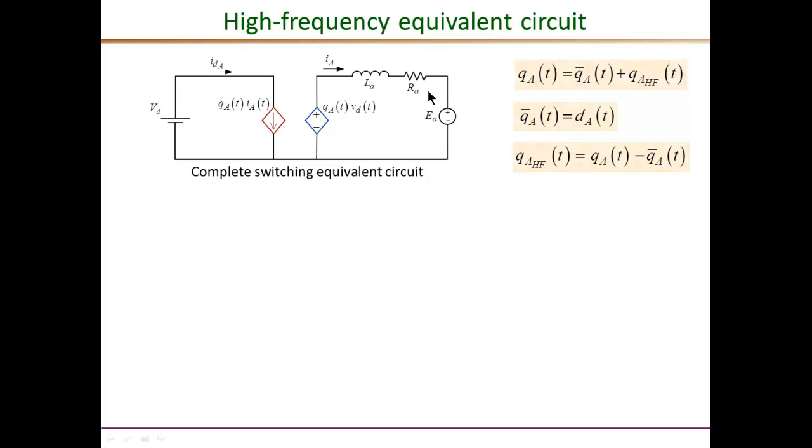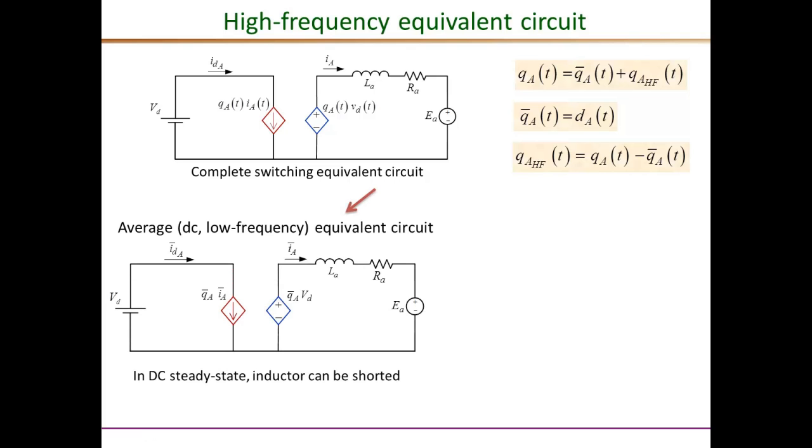Q, the switching signal, can be thought of as two separate quantities. One is the DC value or the average, and the other one is the high frequency content. Therefore, we can split this complete switching level circuit into two equivalent circuits: one is the average circuit, and the other one is the high frequency circuit that I'll show later.